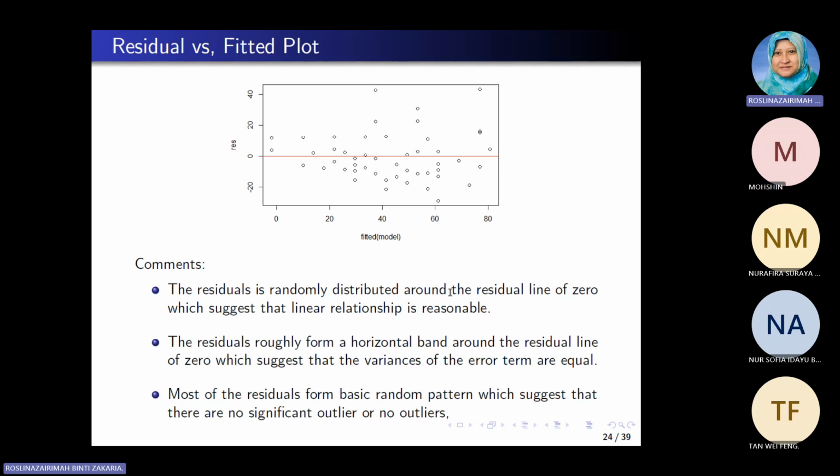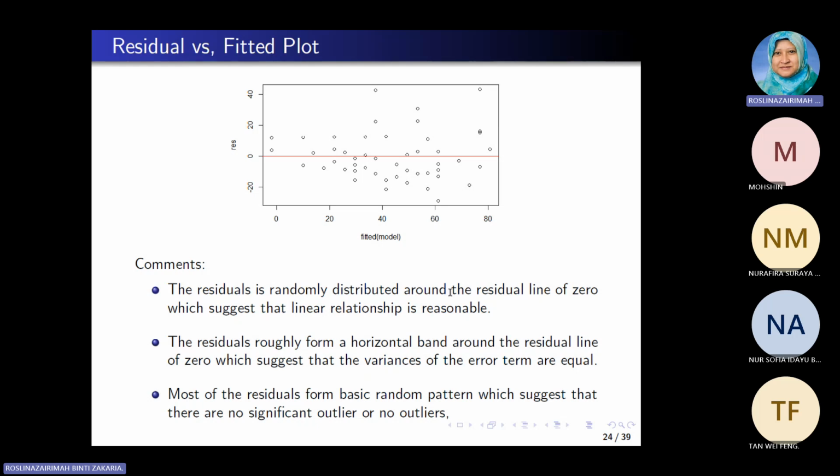So just more explanation on how we comment on the residual versus fitted plot. On the Y is the residual value, and fitted means the Y hat value. You can see that the data is randomly scattered between these two variables, scattered around the residual line of 0, which suggests a linear relationship is reasonable.